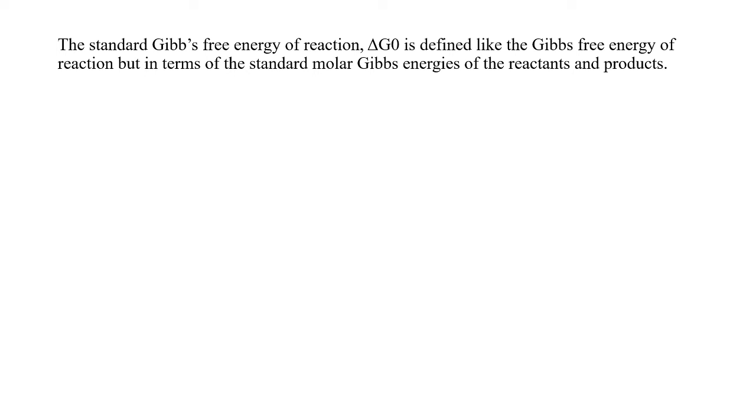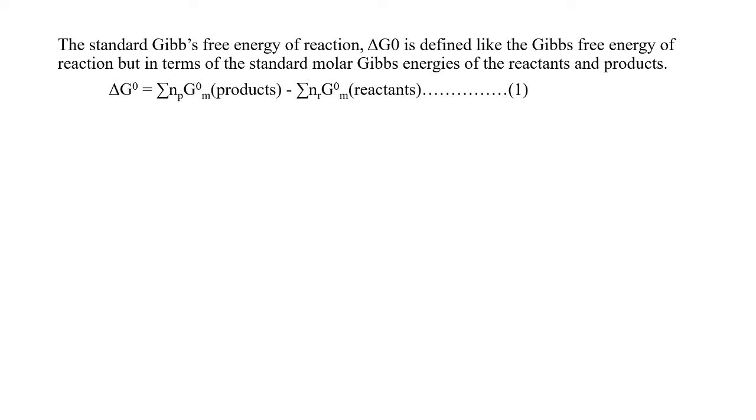The standard Gibbs free energy of a reaction, that is the delta G naught, is defined like the Gibbs free energy of a reaction, but in terms of standard molar Gibbs energy of the reactants and products.